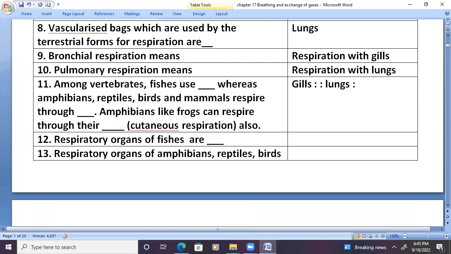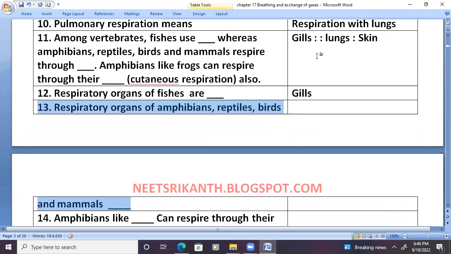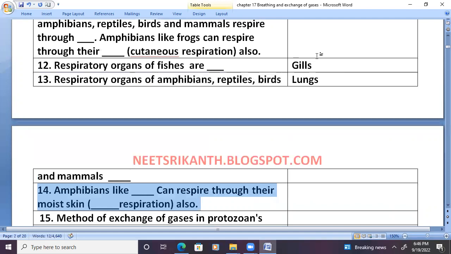Amphibians like frogs can respire through their skin, and we call that respiration cutaneous respiration. Respiratory organs of fishes are gills. Respiratory organs of amphibians, reptiles, birds and mammals are lungs.